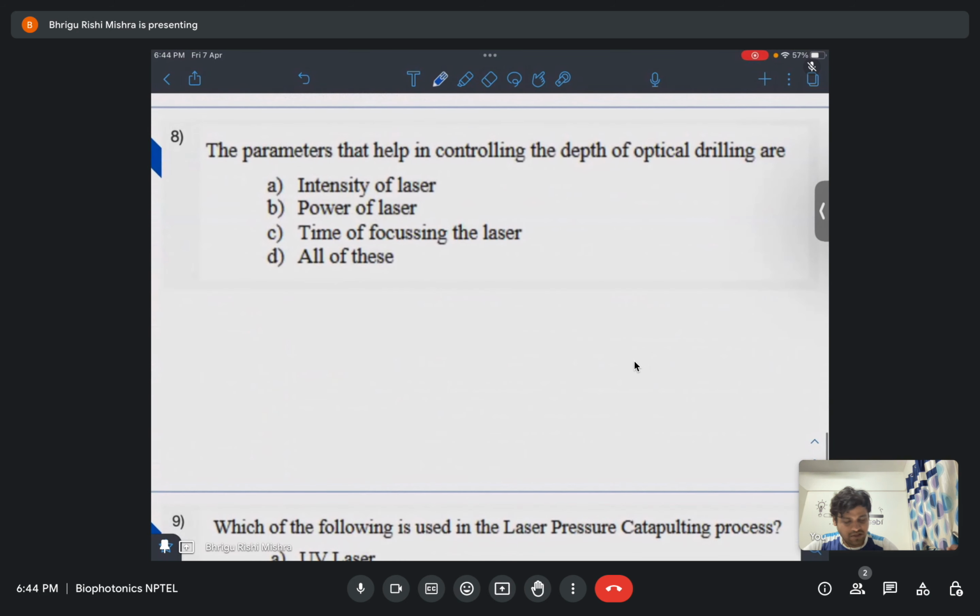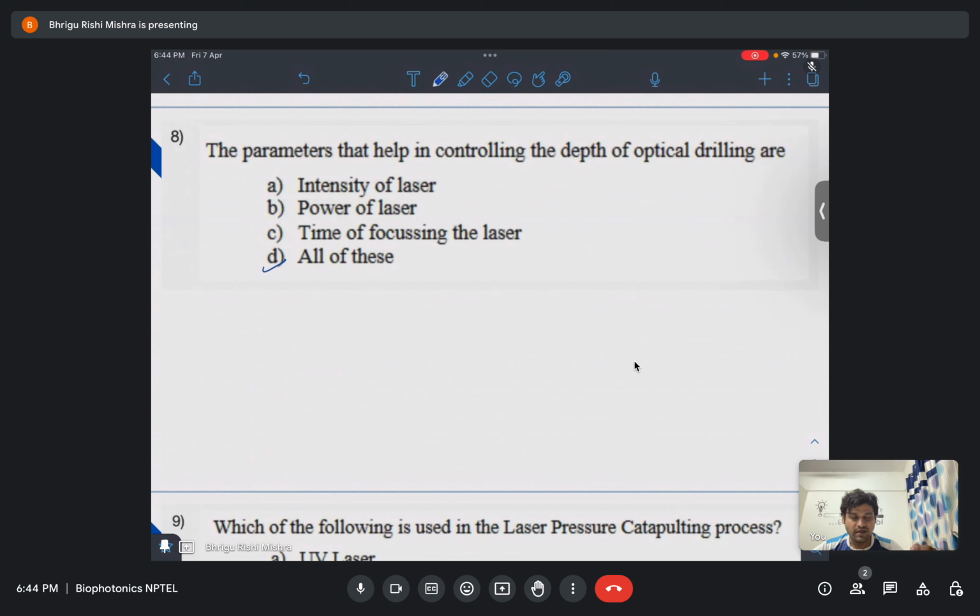The parameters that help in controlling the depth of the optical drilling are intensity of laser, power of laser, time of focusing the laser, all of these. So the correct option is all of this, because you need all these three: intensity, power and time for the optical drilling.